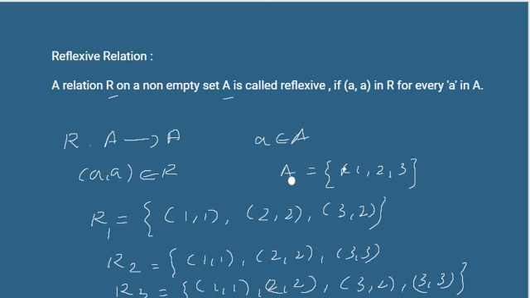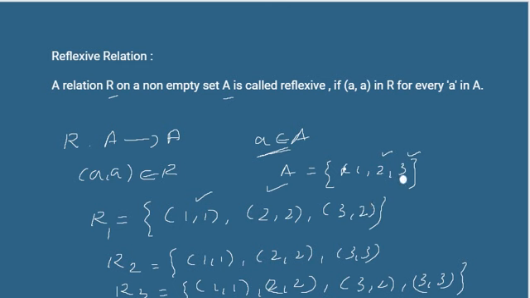Let us consider the first one. A is equal to the set {1, 2, 3}, and R1 is the relation {(1, 1), (2, 2), (3, 2)}. According to the definition, for every element in A, the ordered pair (a, a) must be in R. So which ordered pairs should be in R1? (1, 1) is there, (2, 2) is there, but what about 3?